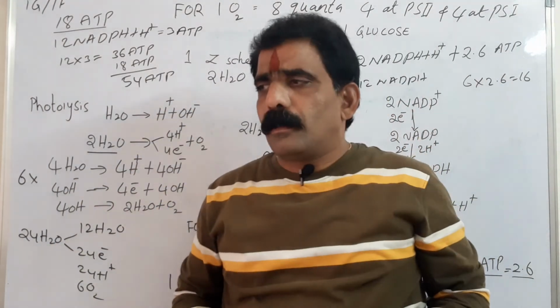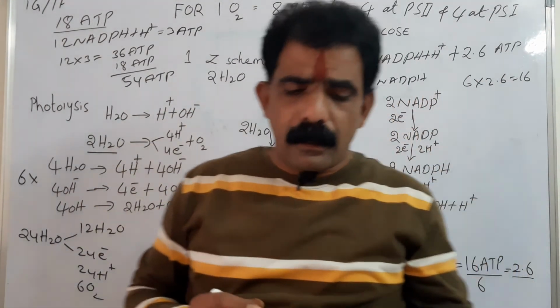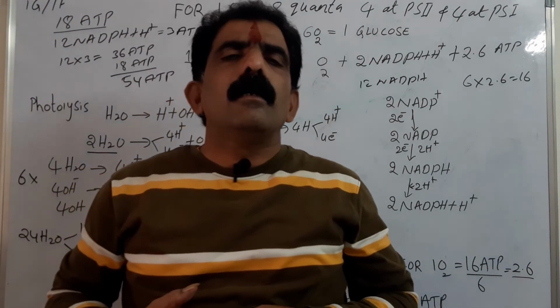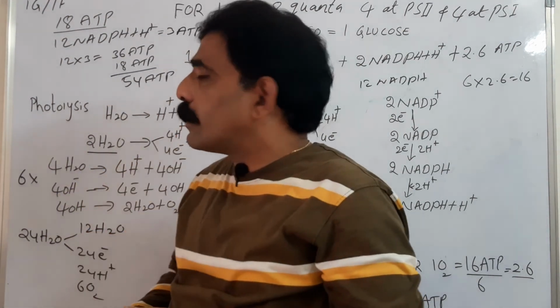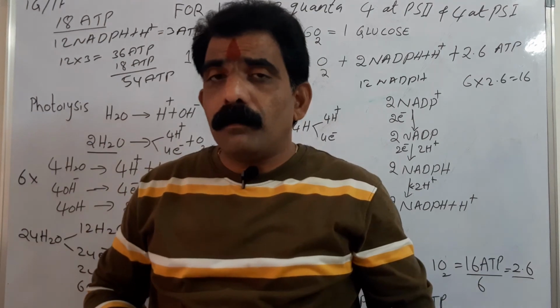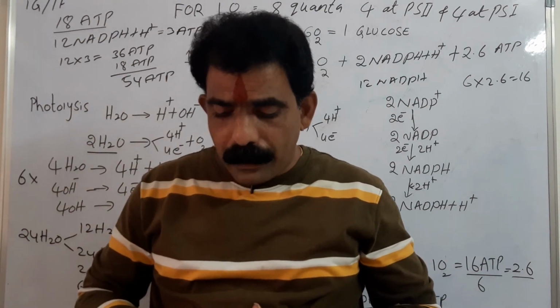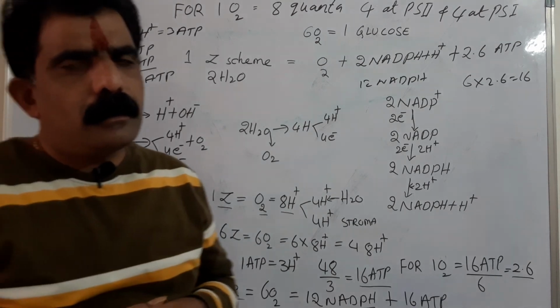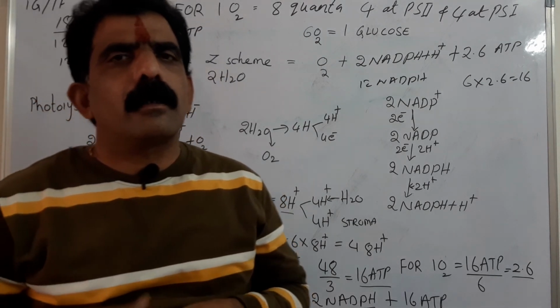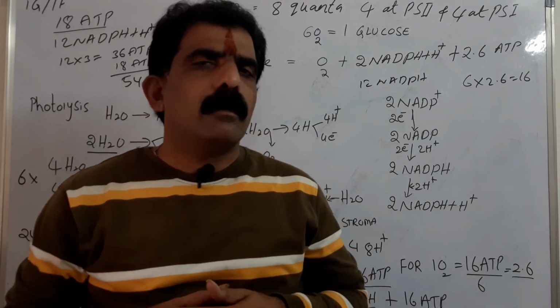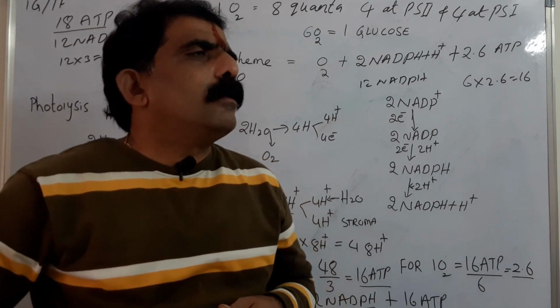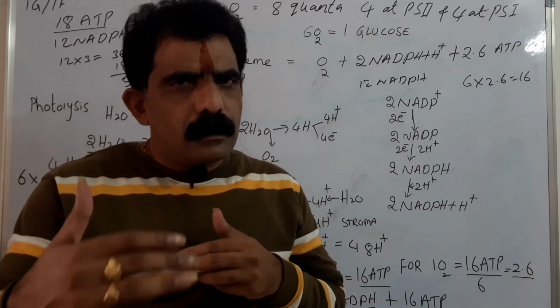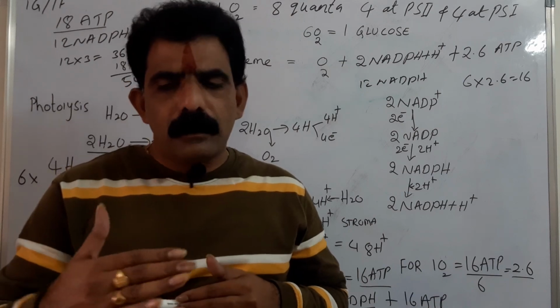Of that, 18 ATPs are directly utilized, and the remaining 36 ATPs are utilized in the form of NADPH. So like this, quantum requirement is the light quanta that are required for the evolution of one oxygen. So if 6 oxygens are evolved, that means one glucose is formed.